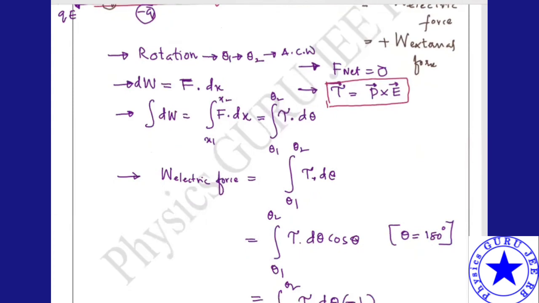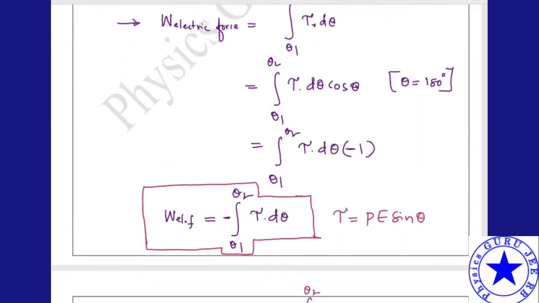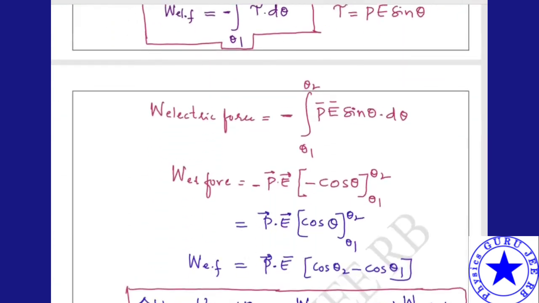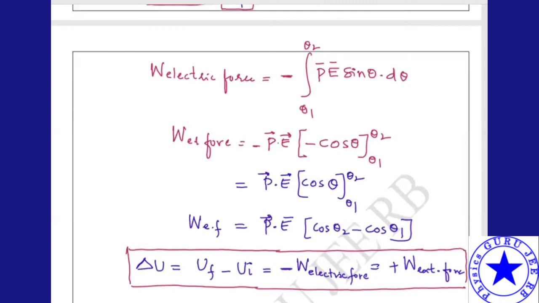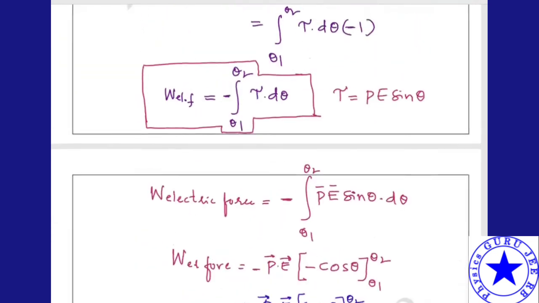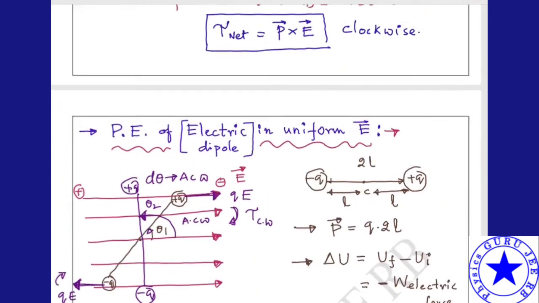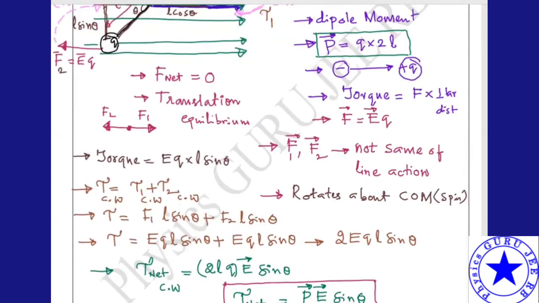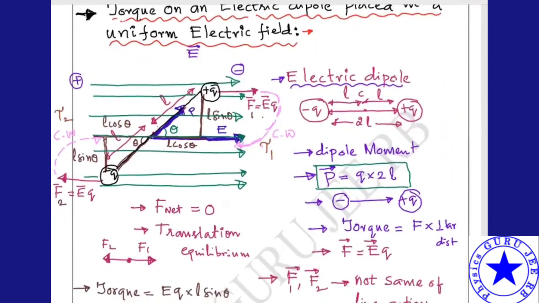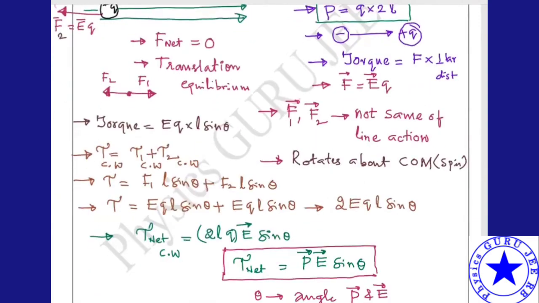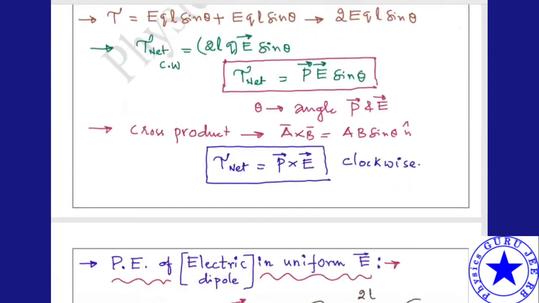Then we calculated the torque acting on it, which we got as tau equals P cross E. Tau is equal to PE sine theta. Already this is proved: tau equals P into E sine theta.